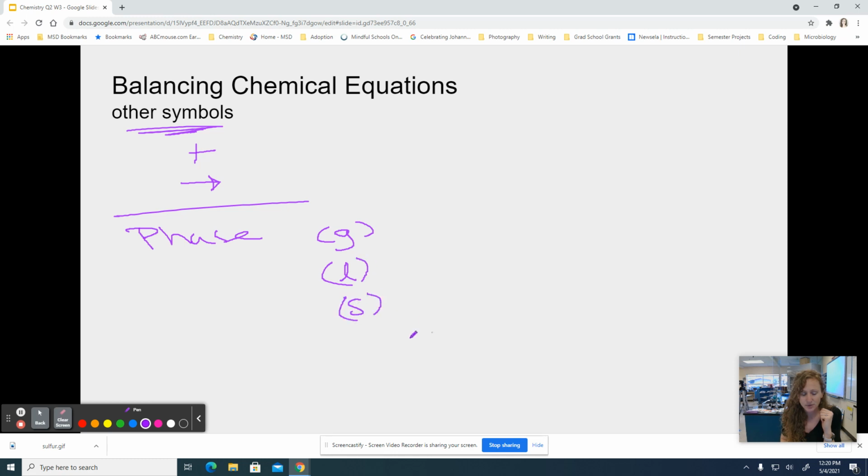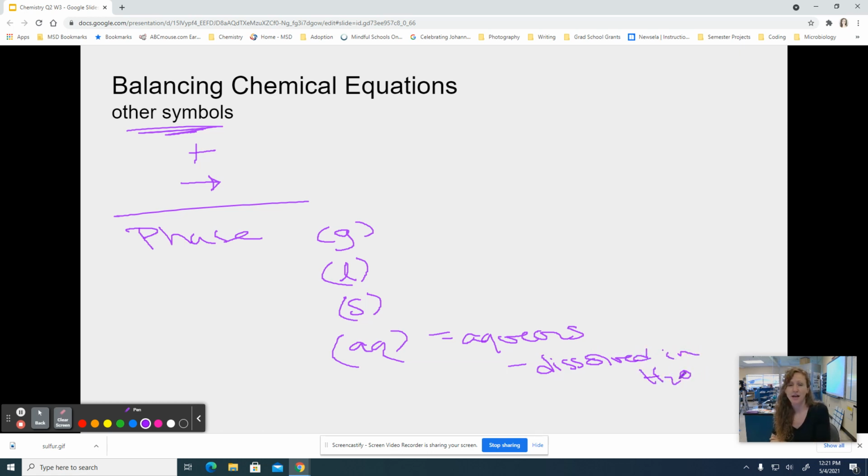Solid will be an S in parentheses. And then there's one more you might see, which is AQ. AQ means aqueous. And what that is, it's something that has been dissolved in water. And actually in chemistry, we do a lot of reactions where things are dissolved in water. So you'll see this AQ quite a bit.